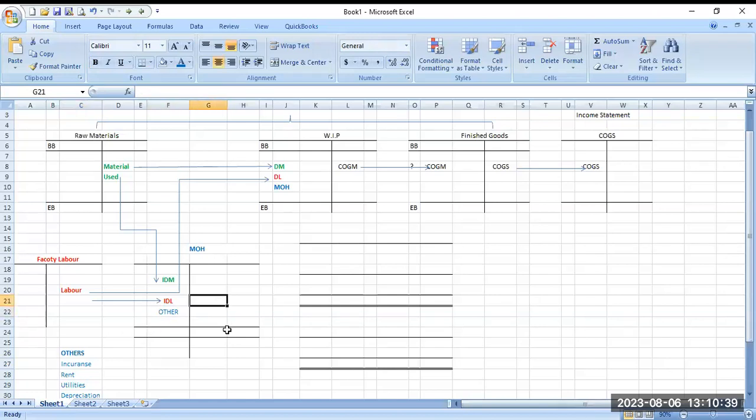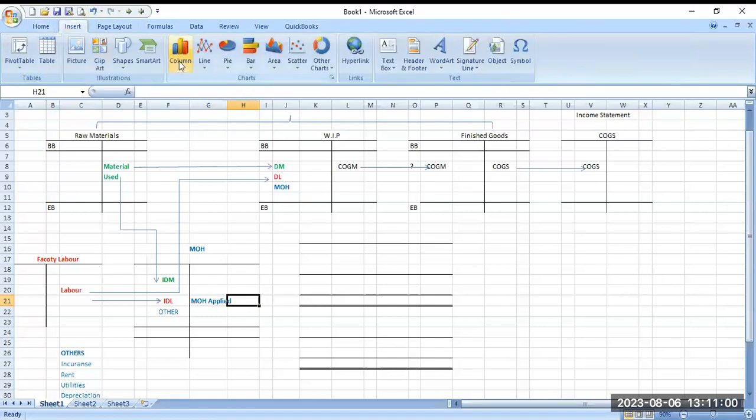So what we have to do, at some point, is apply that manufacturing overhead. Manufacturing overhead is going to come from here, but that will be our applied. Once we apply the manufacturing overhead, we have all three components that we needed in order to have the product.